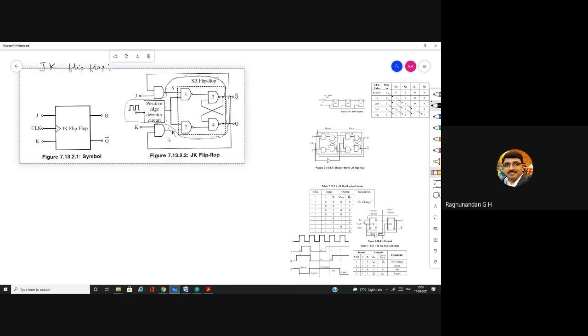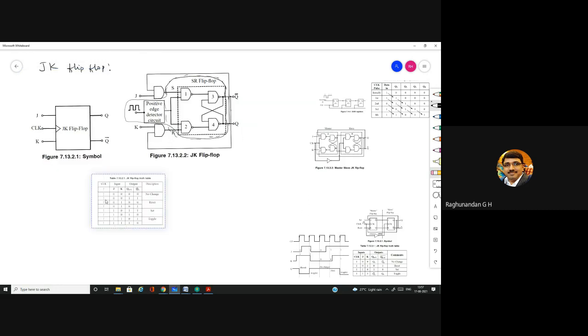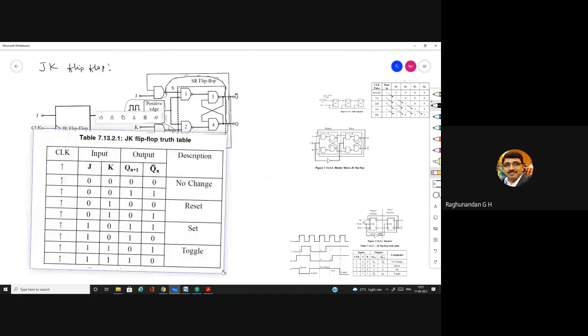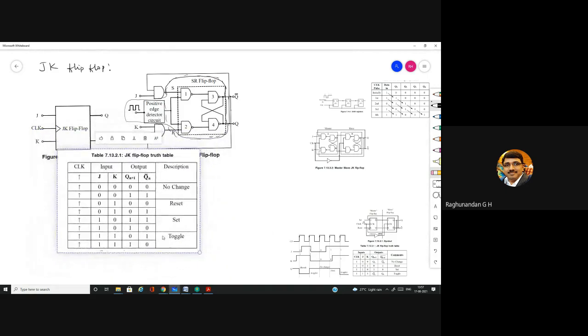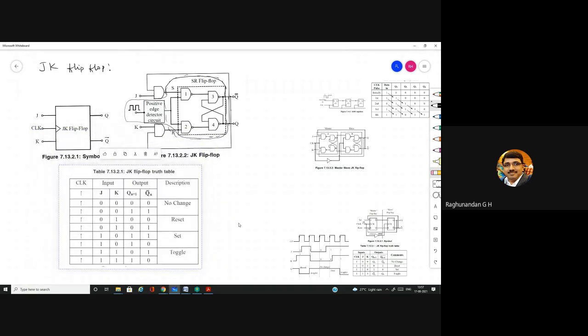Basically, this JK flip-flop is having its change with respect to 1 1. So you can see J, K, and Qn plus 1 and Qn bar we are having. Here Qn plus 1 is nothing but the Q which we are talking about.